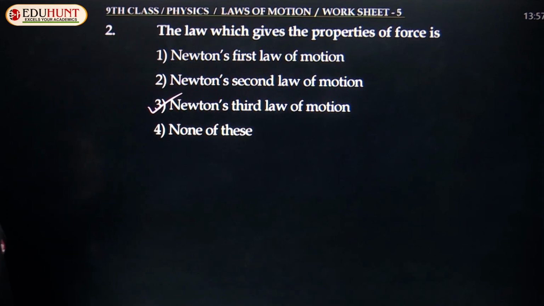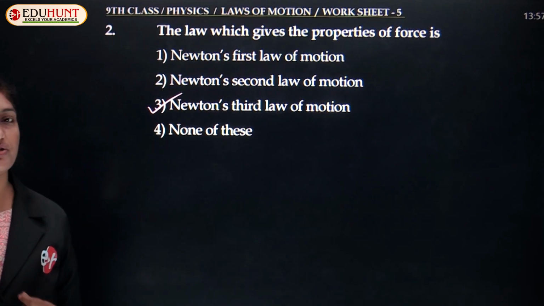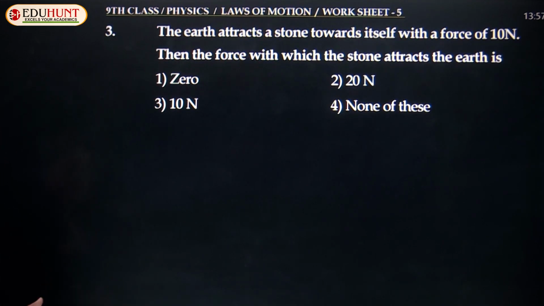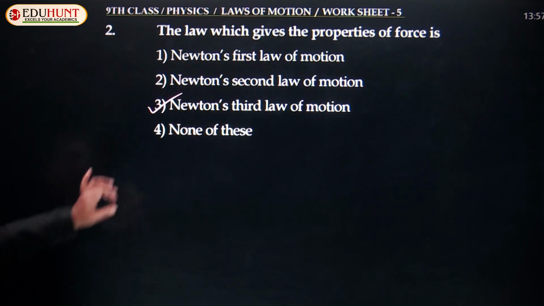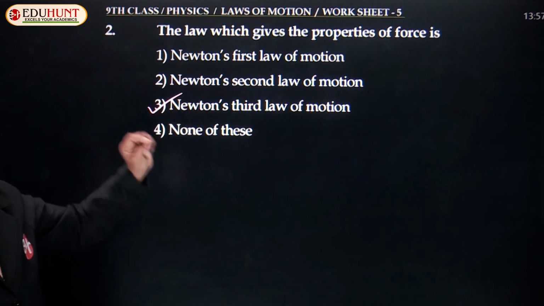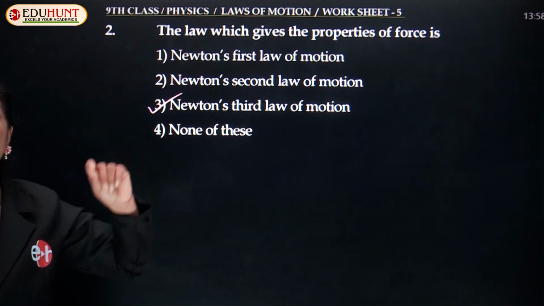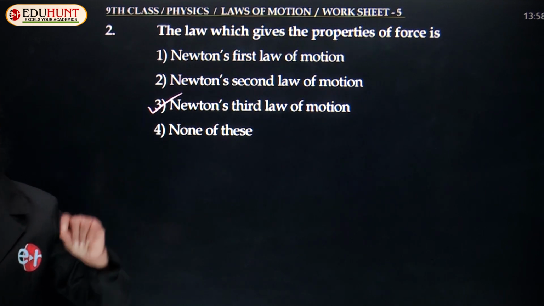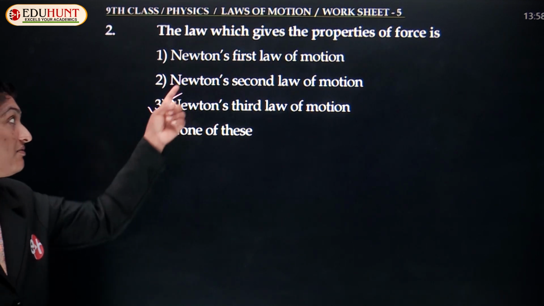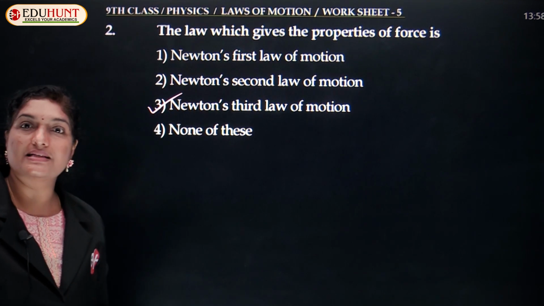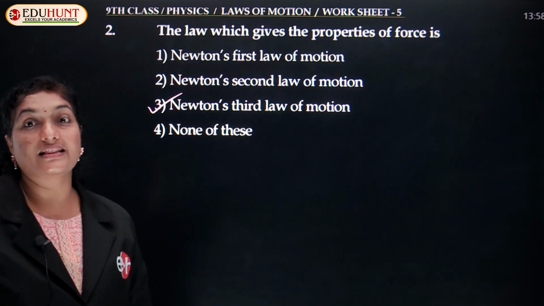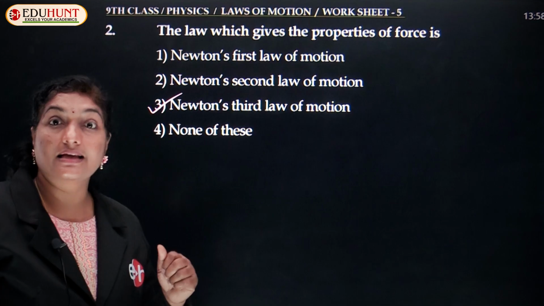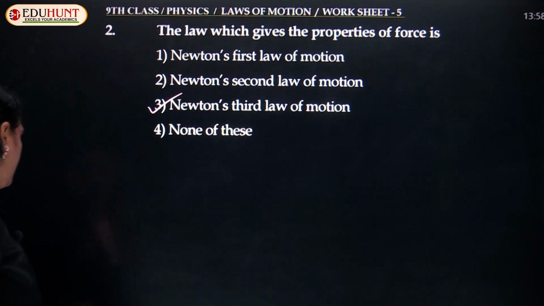Now, what does Newton's second law of motion give? It defines force. It gives the formula for force, F equals ma. What about Newton's first law? It introduces force and tells us something regarding inertia.